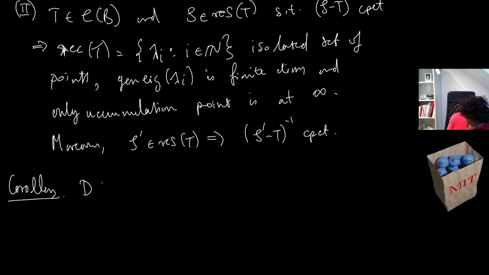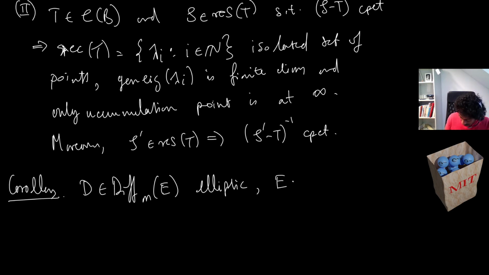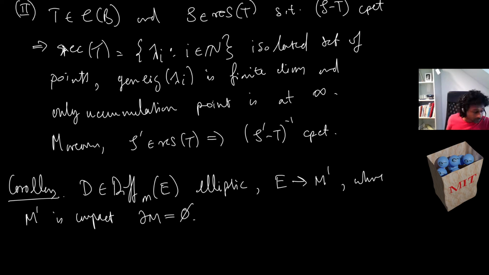Let D be a differential operator of order M, which is elliptic, on E, where E is some bundle over M prime, where M prime is compact, and the boundary of M is empty, right? So boundaryless.